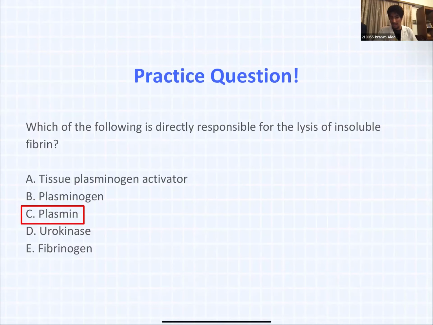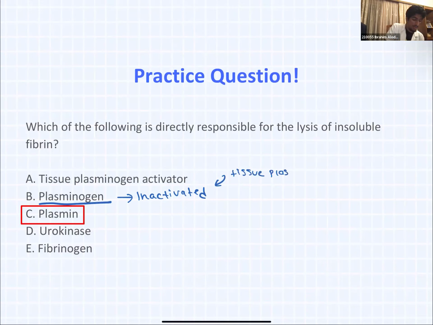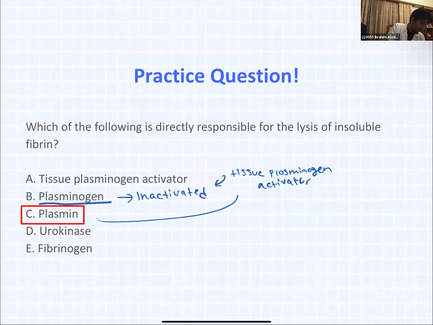So I saw B and E in the chat. Let's talk about why it's not B and E. B, plasminogen, is the inactivated form of plasmin, right? And so B requires something called tissue plasminogen activator in order to become plasmin.